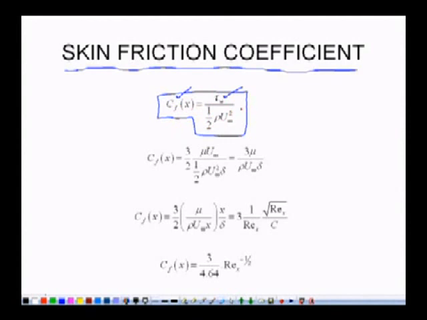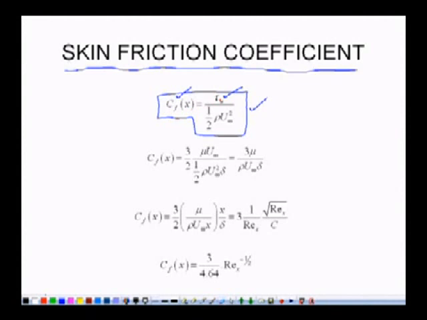So what is the need of defining this? We have already understood in dimensional analysis that generally we define several dimensionless numbers so that the experimentation becomes easy and its interpretation also becomes easy.